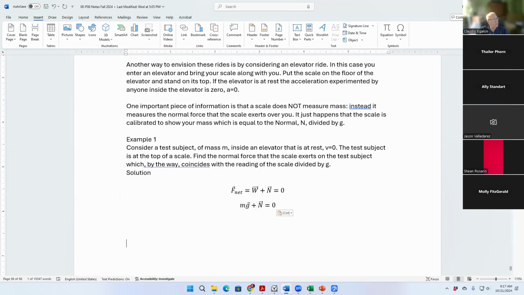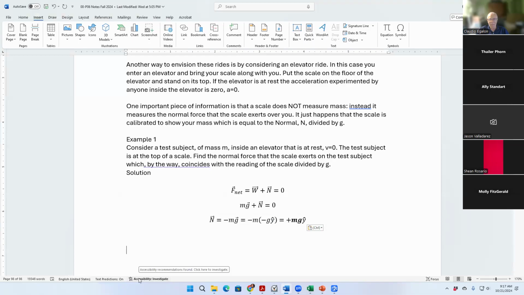We want to find the normal. So we can write our normal as minus mg, passing this vector to the other side of the equation. But let's not forget that the g vector can be written as g, which is a positive number, times y hat with a negative sign.